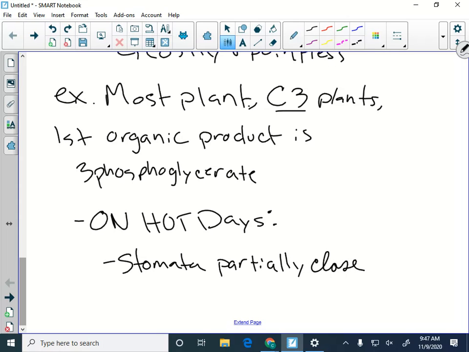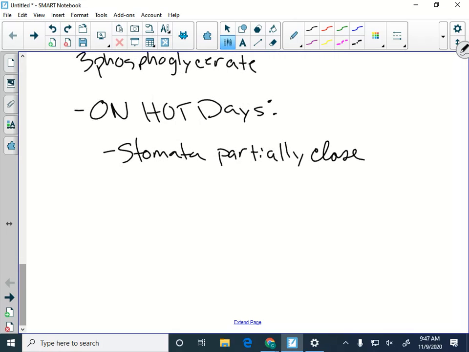Our plants don't want to lose the water that they have because that really, really hot day will kind of evaporate that out of them. So our stomata will partially close. When the stomata partially close, there is a decrease in CO2 because we can't let it in. And that starves the Calvin cycle.